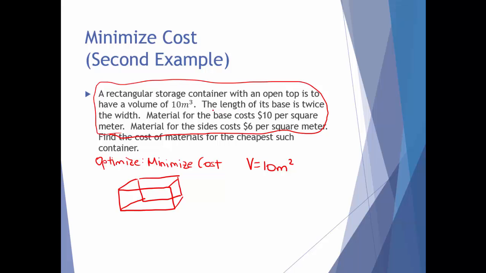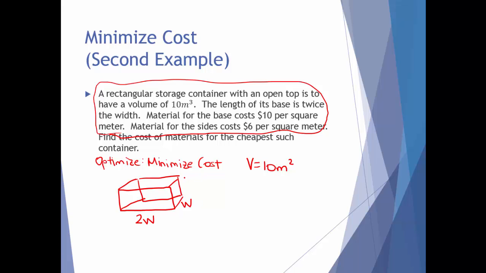Now, in general, the volume of a box is length times width times height. However, notice this sentence: the length of its base is twice the width. The base of your rectangle is the part that sits on the bottom. If we call this dimension the length and this dimension the width, the length is twice that width. What that's going to do is eliminate one of our variables. We don't have to have an L in this. We'll have W, 2W.